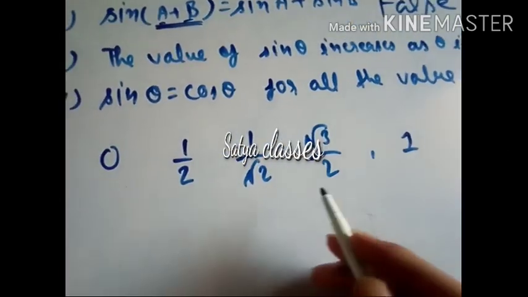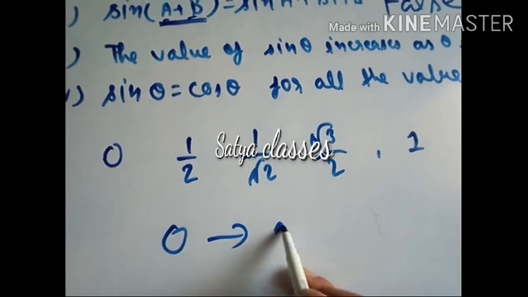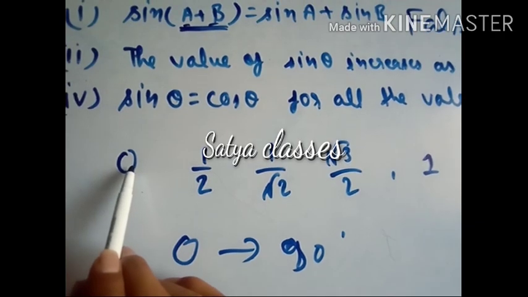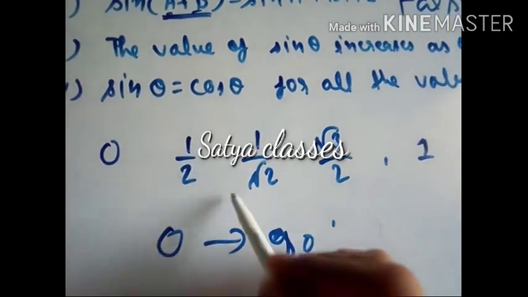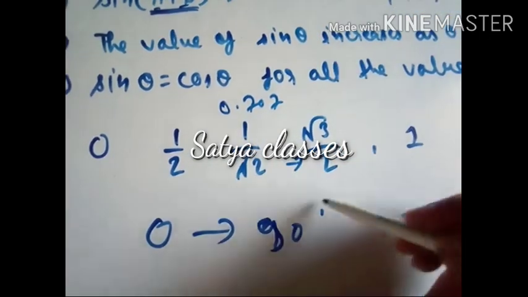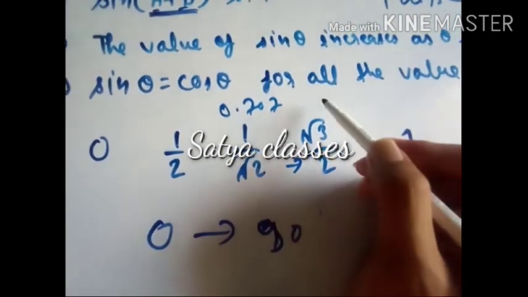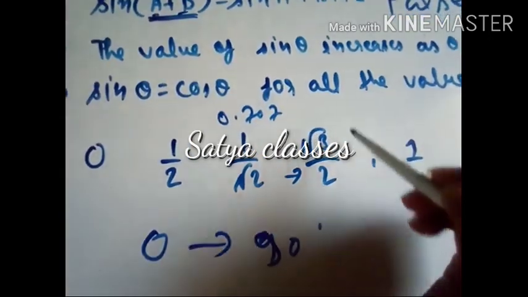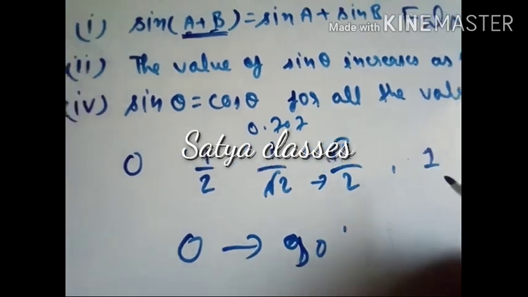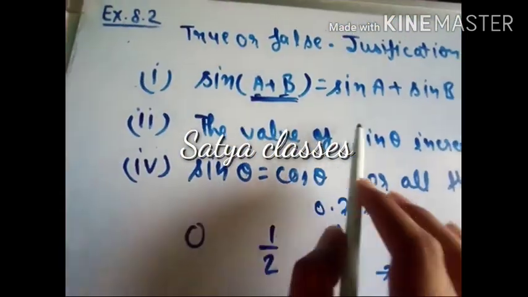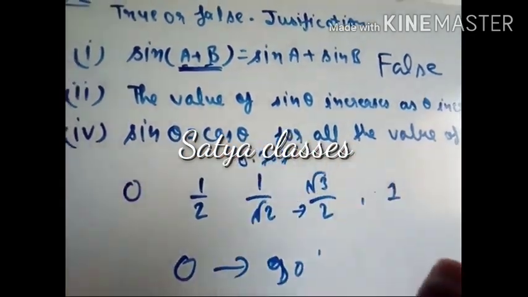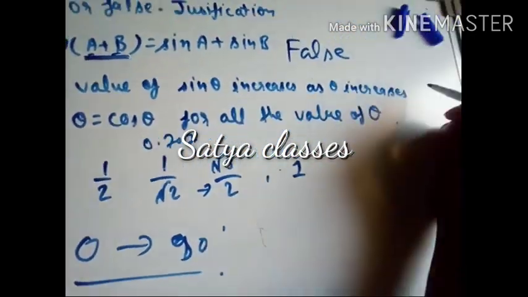So you can see clearly that in between 0 to 90, the values are increasing: 0, then half, then 1 by root 2, this is nearly 0.707, and then root 3 by 2, this is also holding some value, nearly 0.85, but this is again greater than 0.707, and 1 is also greater. So we can say that for 0 to 90, yeah, this statement is true, but you are just below the level, just started trigonometry, so for you this statement is true.